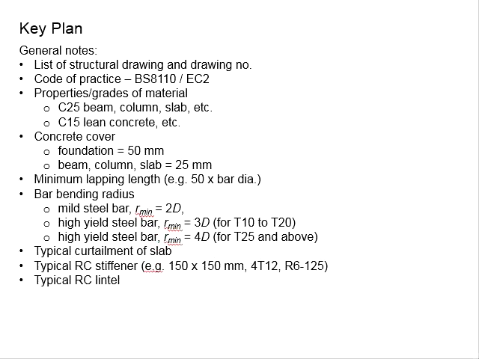There are different considerations, and the calculated lapping length is very much dependent on various factors, such as the concrete grade, the location of the lapping, whether it is a good bond region or poor bond region, and other factors. This will be explained in the course Reinforced Concrete Design 1 later.